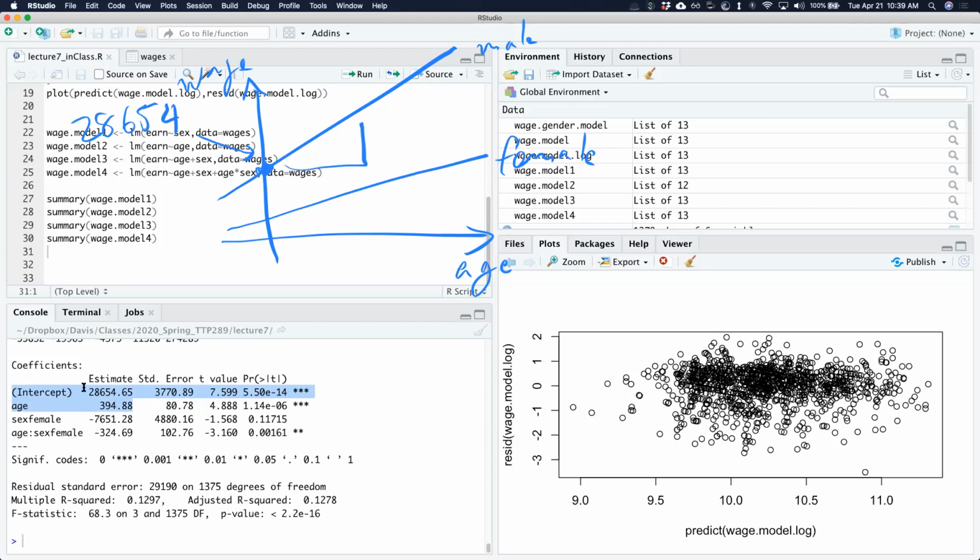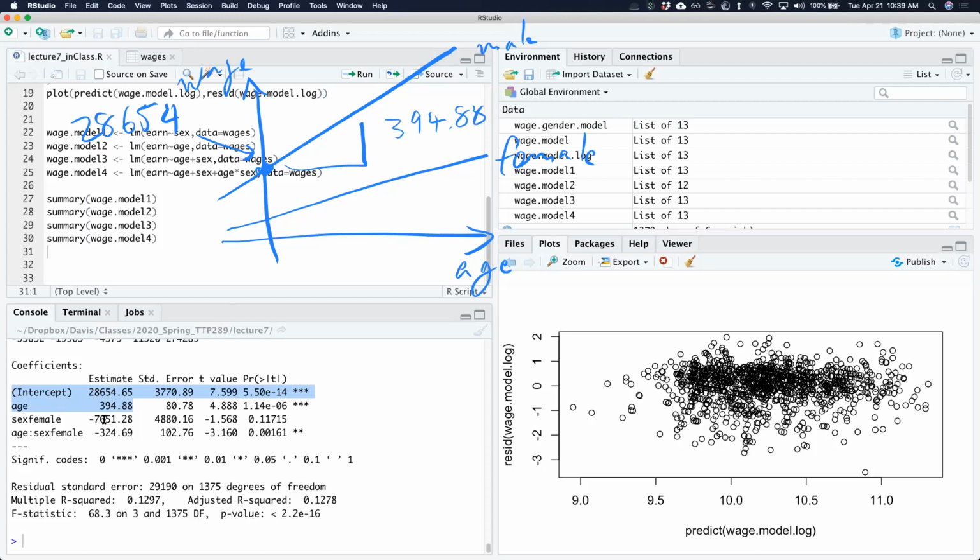So the rise over run would be, for every year they're older, then they make 394.88 more.